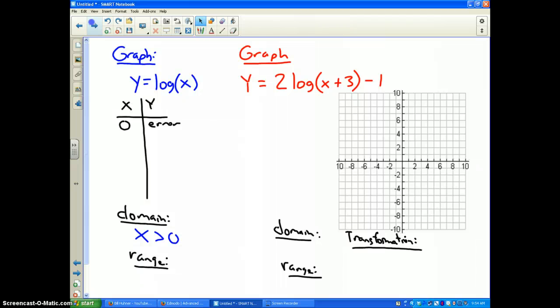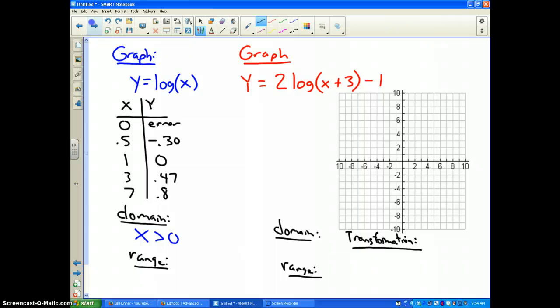Otherwise, you get an error. Well, I'm just going to go up by 0.5s. At 0.5, you get negative 0.30. At 1, you get 0. If we go up to 3, you get 0.47. I'm just taking a random sample here. If you go to 7, it's 0.8.